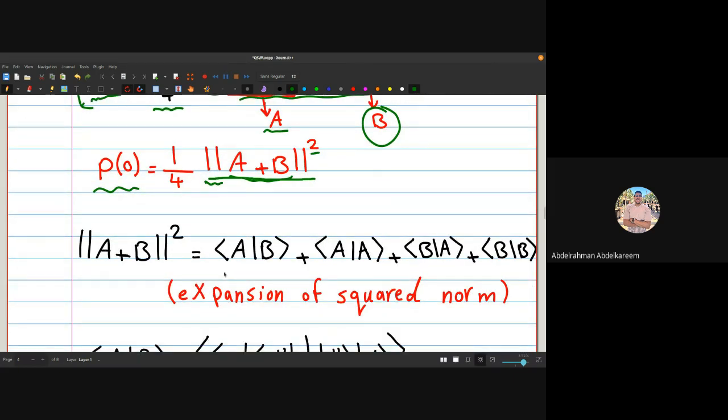So there is this rule. It's called expansion of squared norm. When we are getting the norm of a summation of two vectors, it can be expanded into 4 inner products: A inner product A, A inner product B, B inner product A, and B inner product B. We all know when you have an inner product with two similar states, it will be 1.